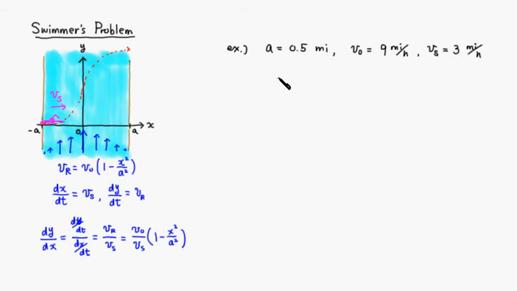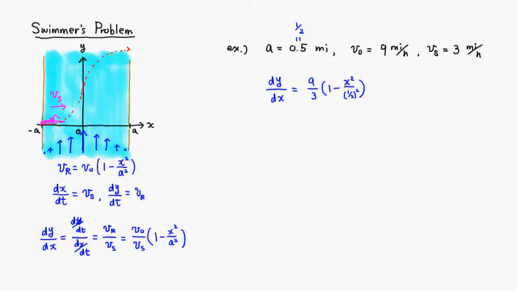So dy over dx is equal to 9 divided by 3 times 1 minus x squared over, 0.5 is the same thing as 1/2, so 1/2 squared.